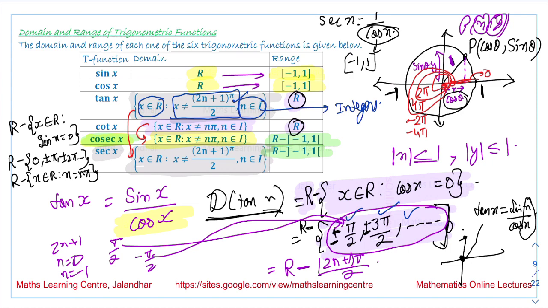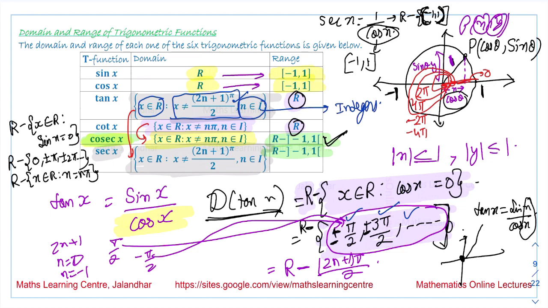It means secant x will take all real values except those strictly between minus 1 and 1. So the answer is R minus the open interval minus 1 to 1. It can take the value 1, but it cannot take values between minus 1 and 1. We leave this discussion at this point, and we will continue it when we look at the graphs of the trigonometric functions.